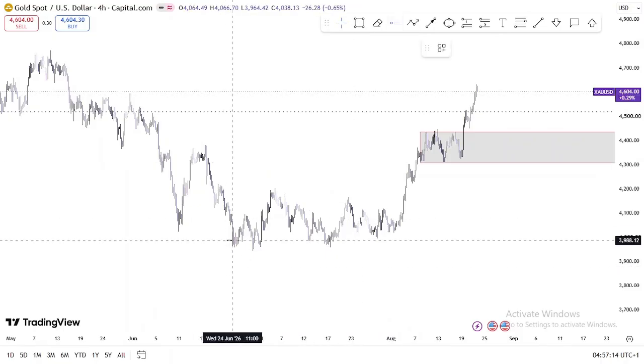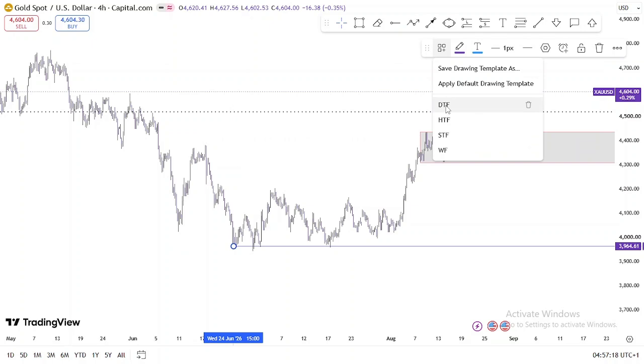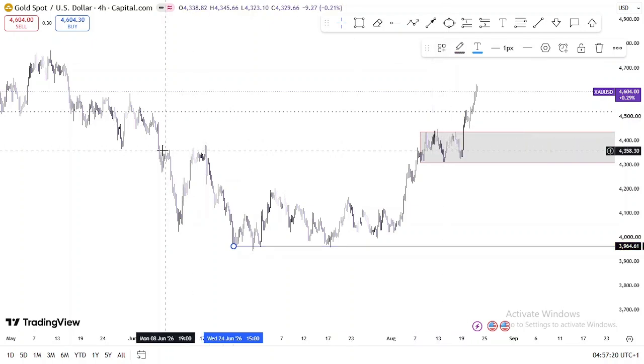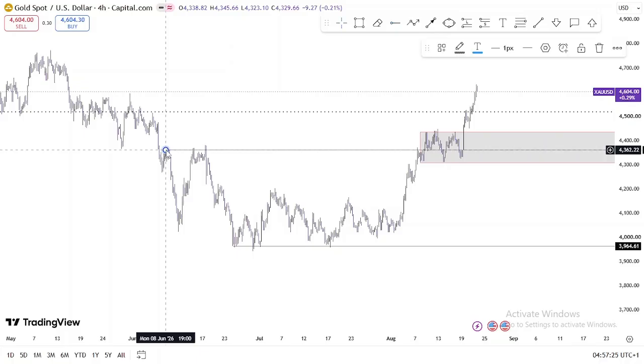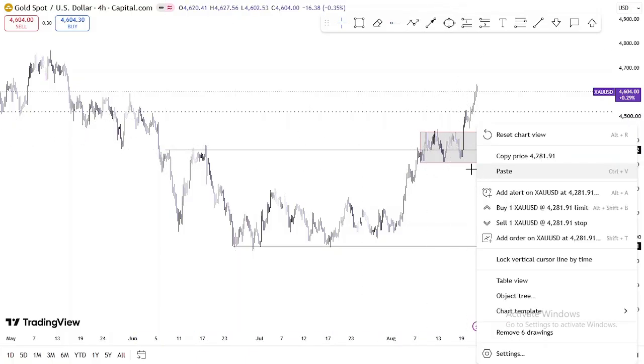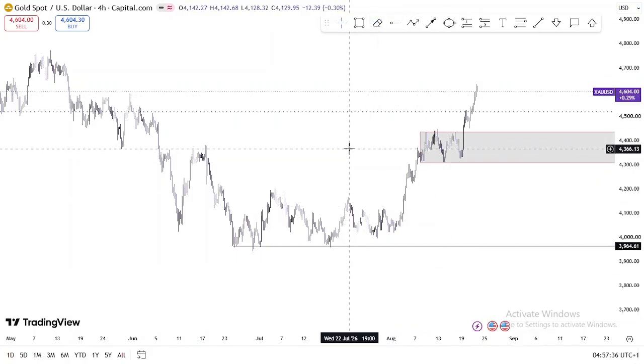I am going to mark out this major low here, this broken area here, broken, retested. Oh no, so I am going to do this. We've had the area invalidated, so I'm just going to do this instead.